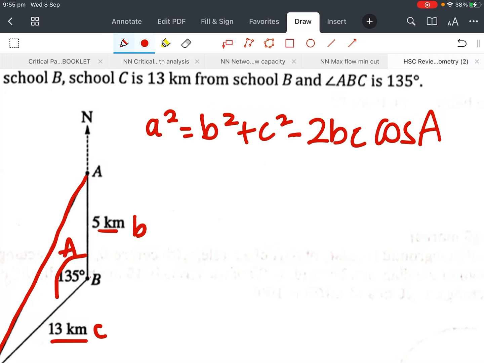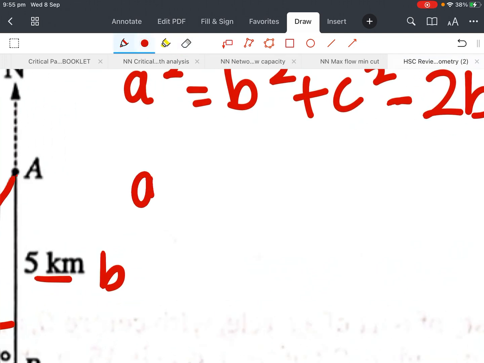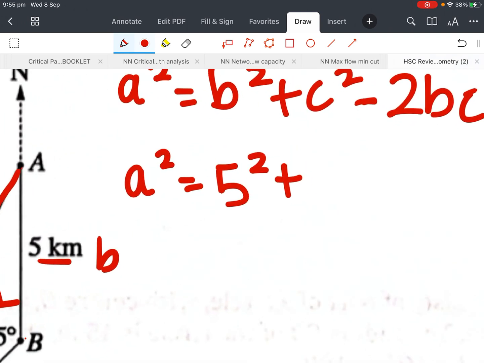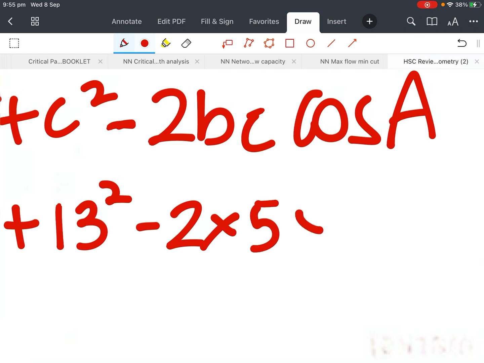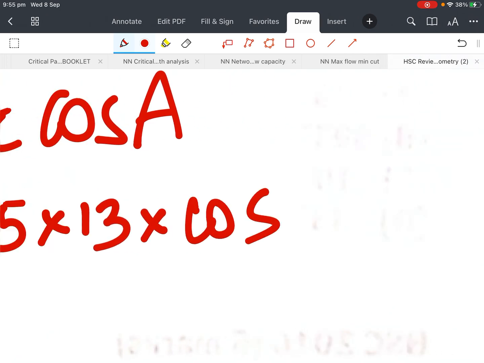So I'm looking for this side, that's going to be my A squared, or my A I should really say, not my A squared. Alright, so A squared I don't know yet. B is 5. C is 13. Minus 2 times, repeat those numbers, 5 times 13 times cos of A. What was A again?